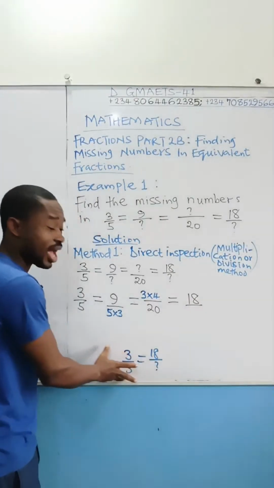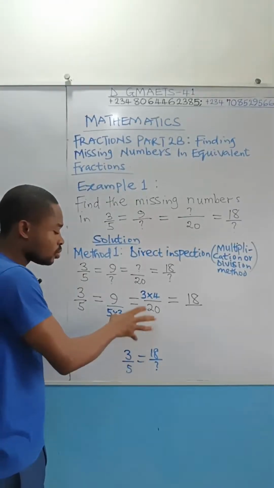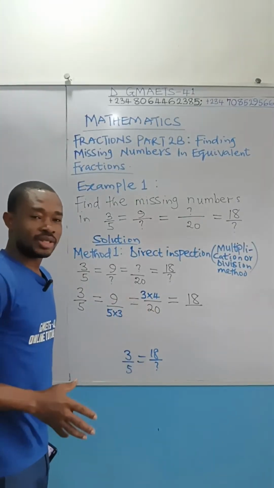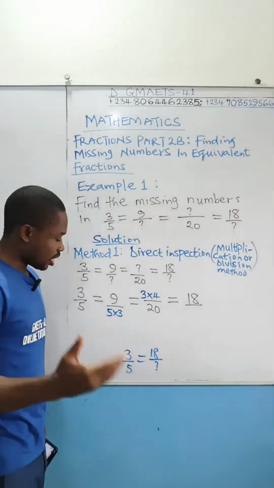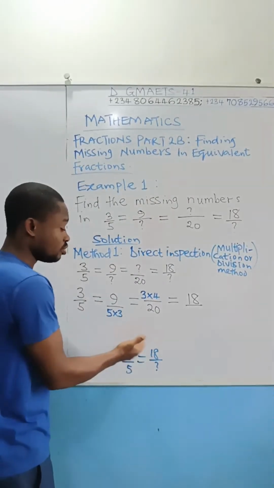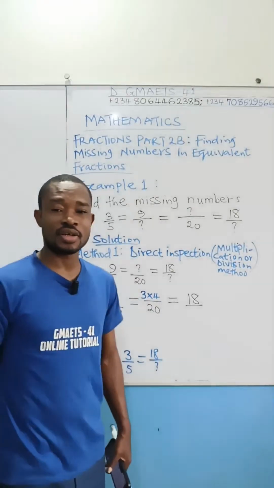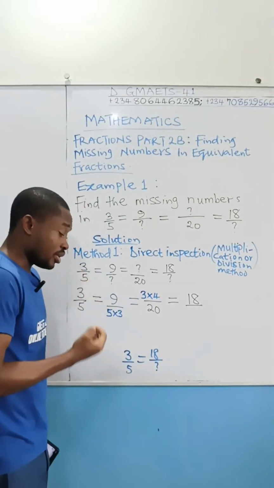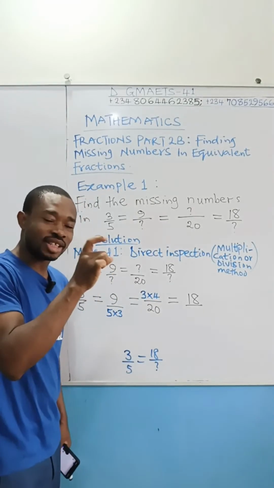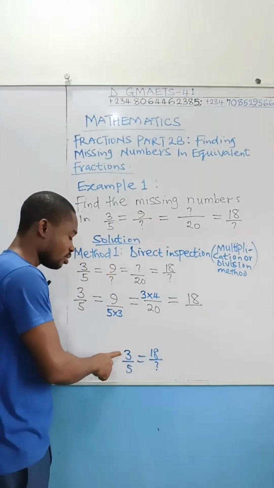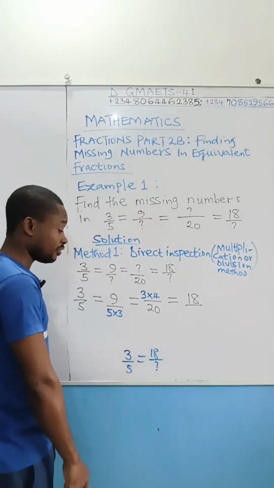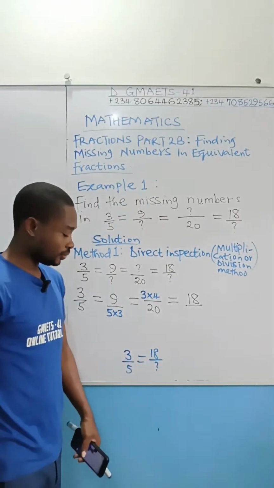Look at this fraction and ask yourself, which part is complete? Where is it that there is no missing number? You'll agree with me that these two fractions, the numerators, nothing is missing there. So you now go to the numerator, use it to get that number, which you will use to multiply numerator and denominator of 3 over 5 to get this fraction.